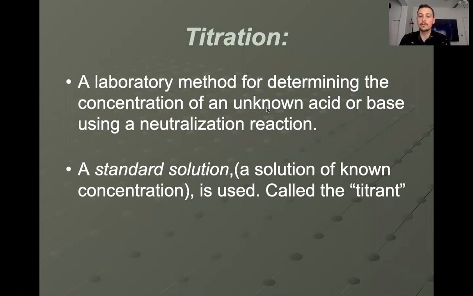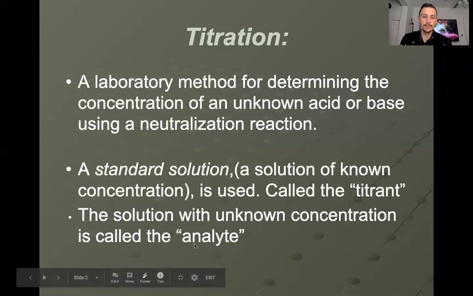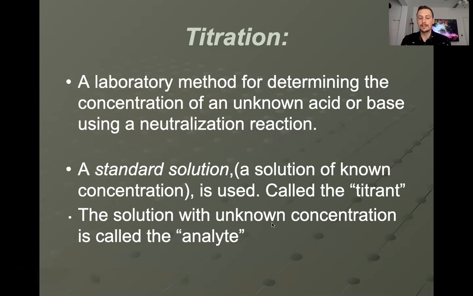And vice versa, if we were trying to find the concentration of an unknown base, we would need a standard solution of acid. We call this standard solution the titrant. We also have the solution with unknown concentration, that's what we're trying to find, and we call this the analyte.